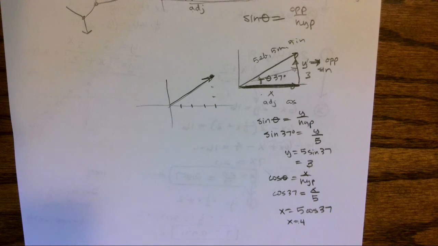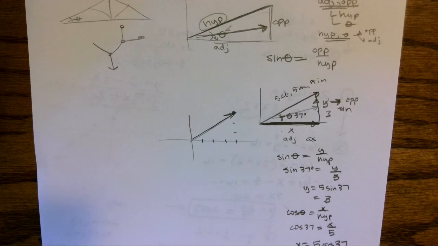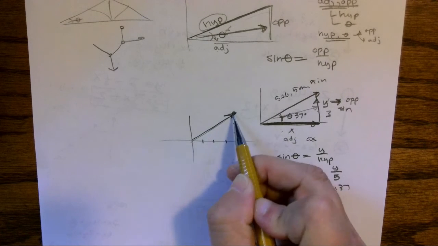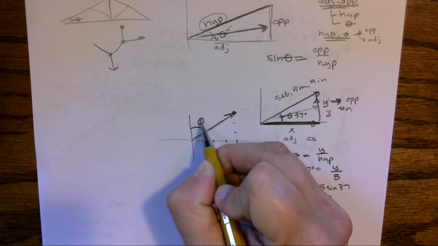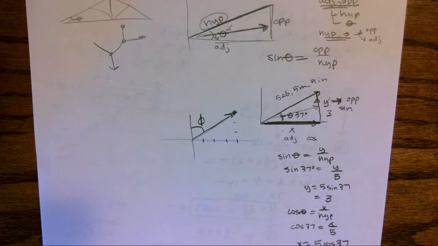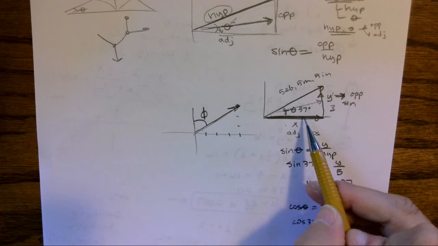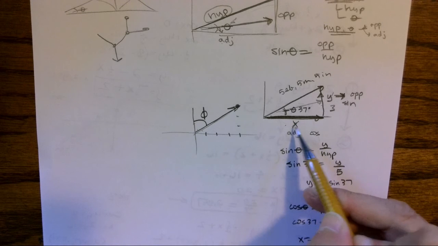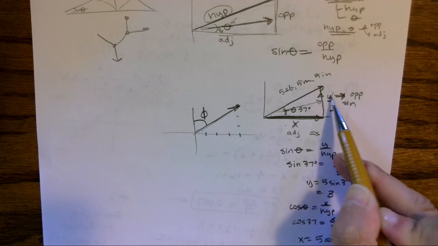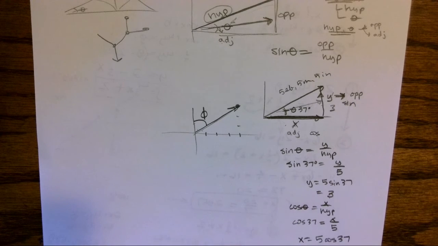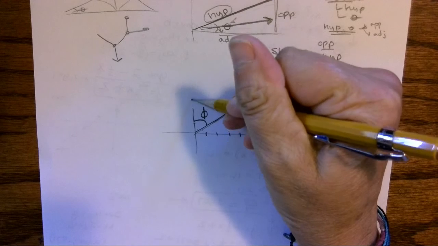Now, what you have to think about is I can describe the same vector, and let's call this phi. And I might have an angle coming off the y-axis. So you can't just memorize that the x component goes with cosine, the y component goes with sine. It's very dependent on where this is coming from.